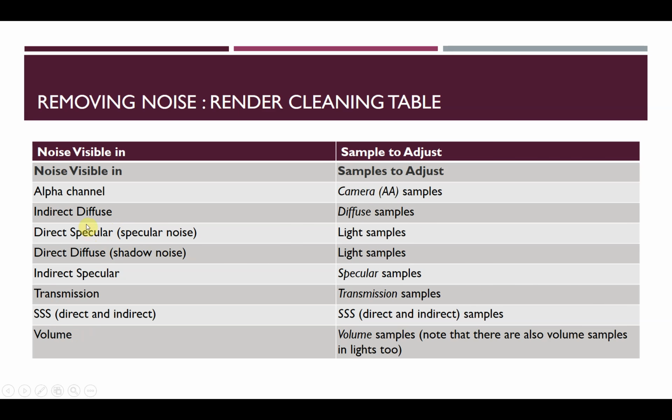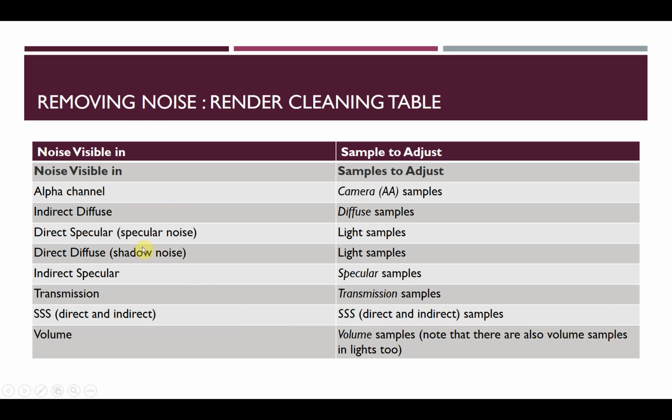For example, with our depth of field, we've got noise in our alpha channel, and the way to get rid of that is to multiply it by our camera AA samples. You can use this table to figure out where to up your samples in order to get rid of noise.